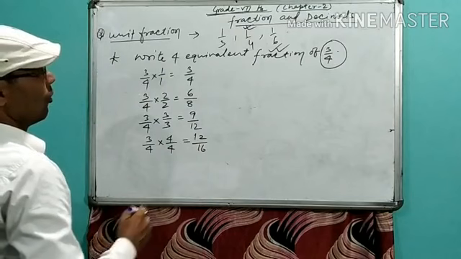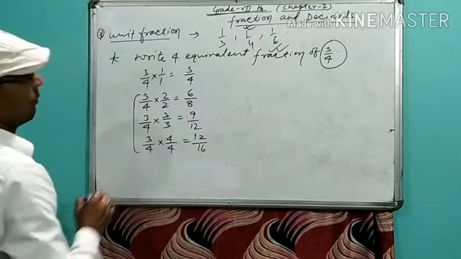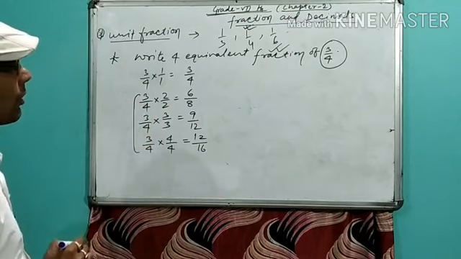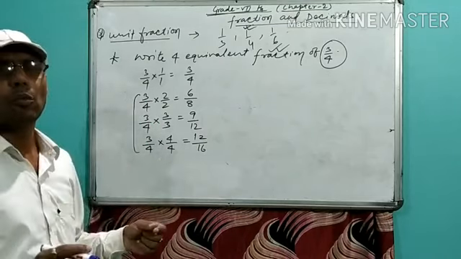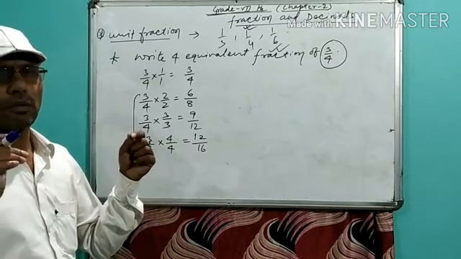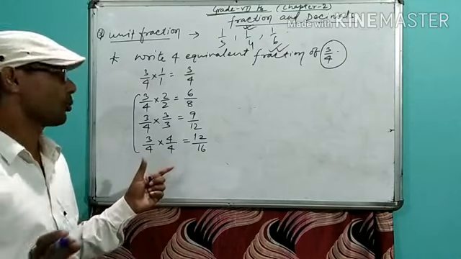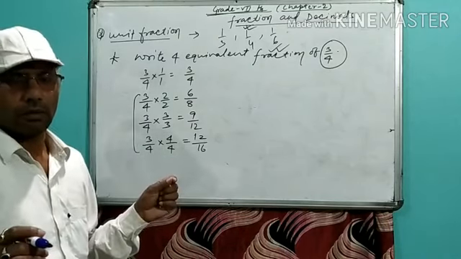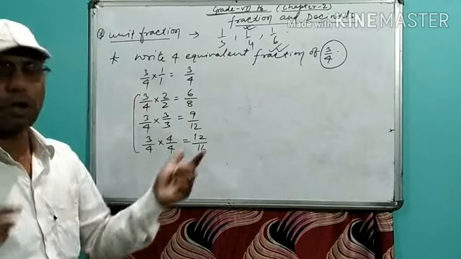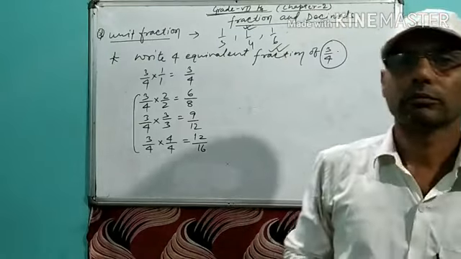Overall, in such a way you can write 3, 4, 5 more equivalent fractions of the given number. This is the process, by multiplying numerator and denominator by the same number.